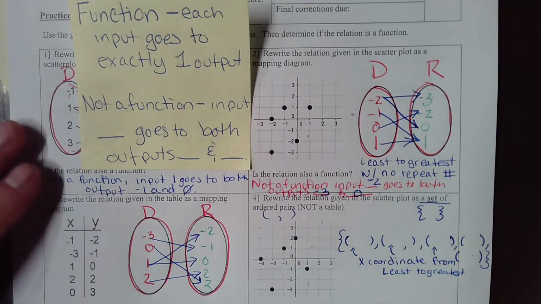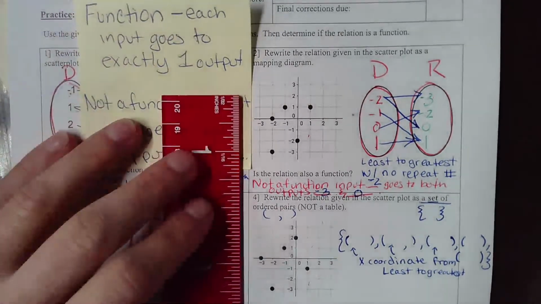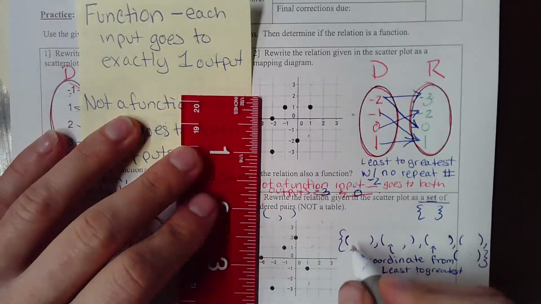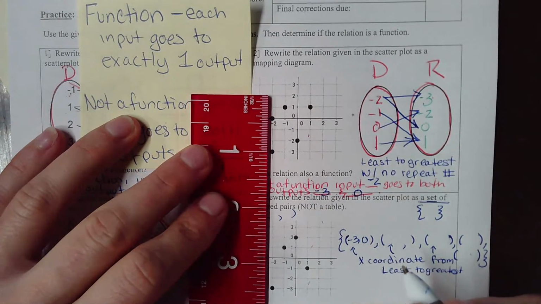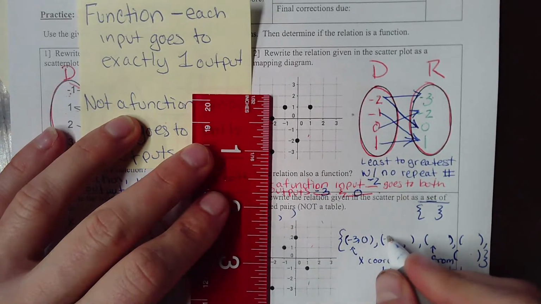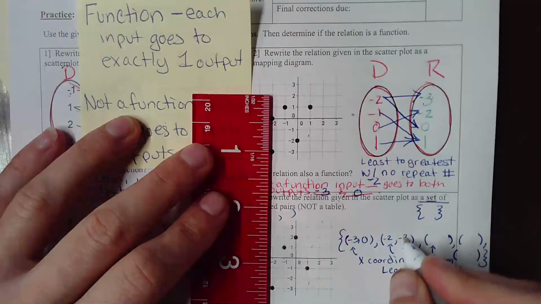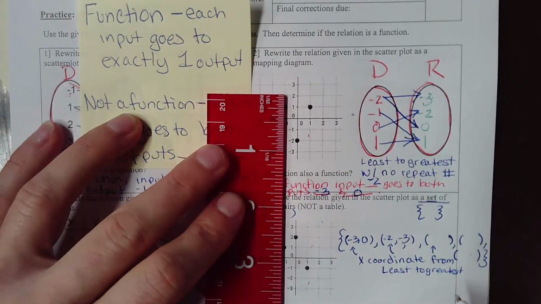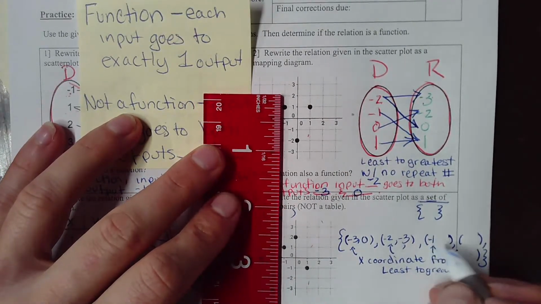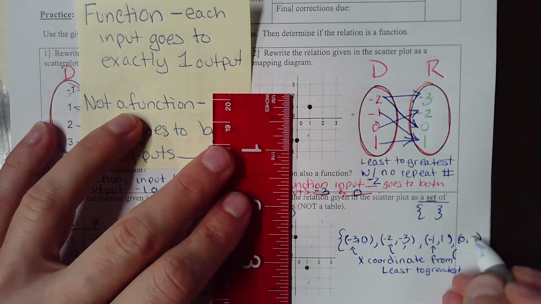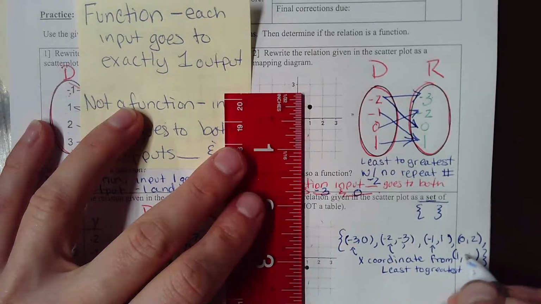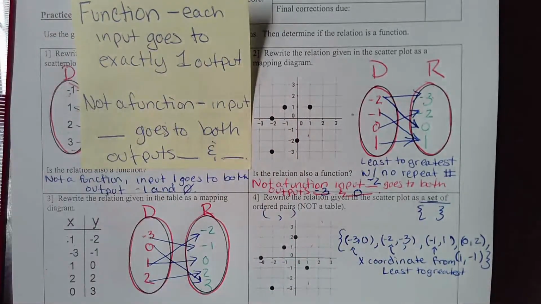And we close off with our set brackets. I find the ruler very helpful. The first point, I have -3, 0. The next point I hit is -2, -3. Next is -1, 1, with a comma in between, 0, 2, and 1, -1.